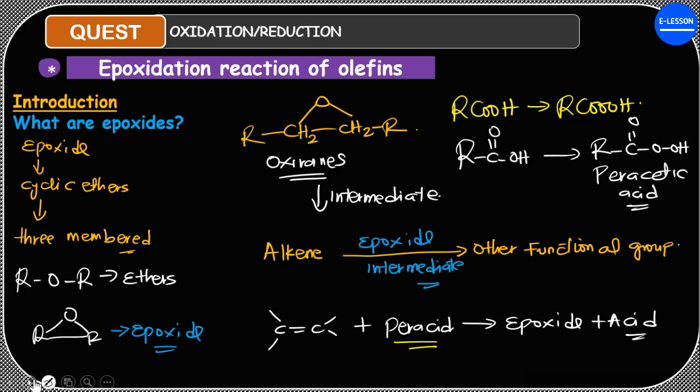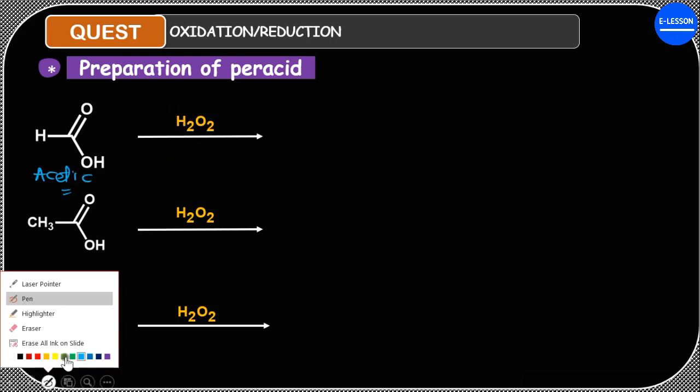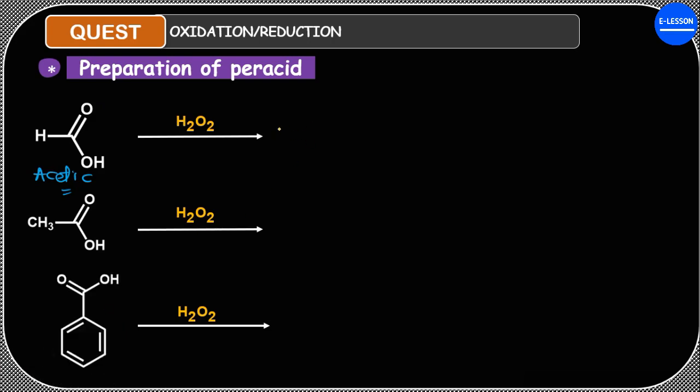Now, having looked at this, how are these peracids formed? Peracids are formed by reaction of the corresponding acid with hydrogen peroxide. The acid here in this case is acetic acid. So if you react acetic acid with hydrogen peroxide, you form a peracid, which is peracetic acid, something like this: C, then we have OOH.